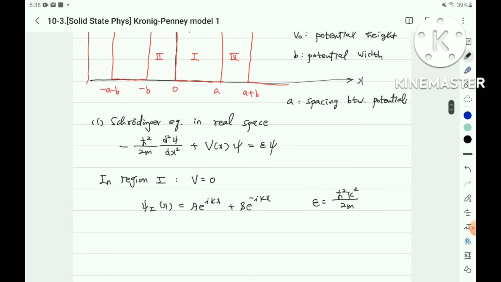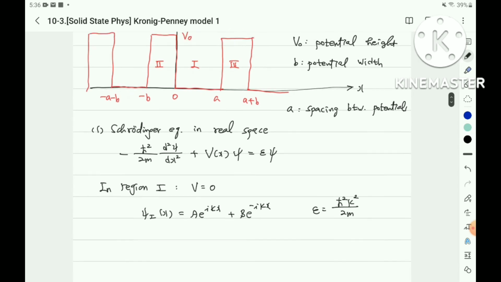And here region 2 is the potential. There is a potential well, a potential height. In region 2, the potential is equal to V0. Here, we know that there is a dissipation of the wave function.